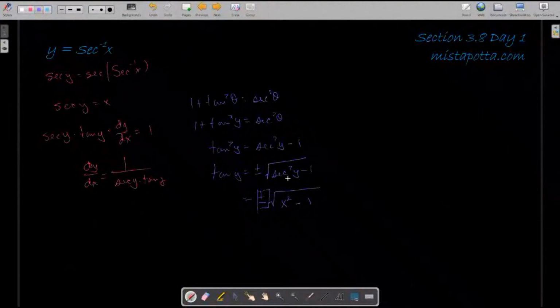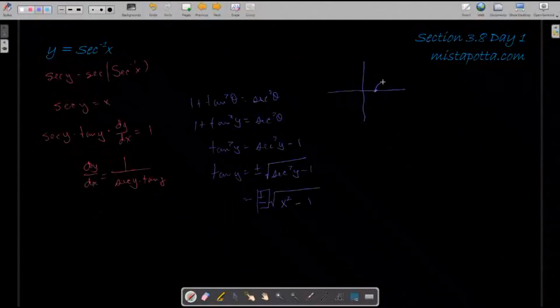But I want to talk about this for a bit. See, I know the graph for secant inverse. Secant is 1 over cosine. So the graph for secant inverse is going to have that same idea where I'm going to be dealing with it being positive in the first and fourth quadrants.